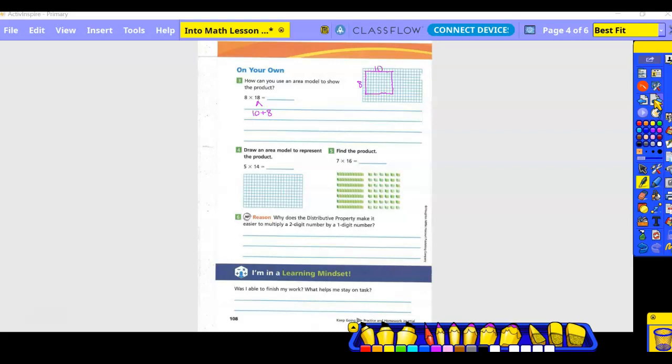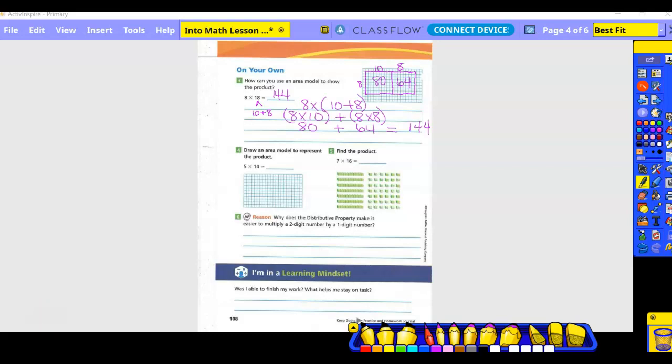And then on the next box, how many do I have to go over? I went over 10 for one. I have to go over how much for the next one? 8. And then put an 8 up here.